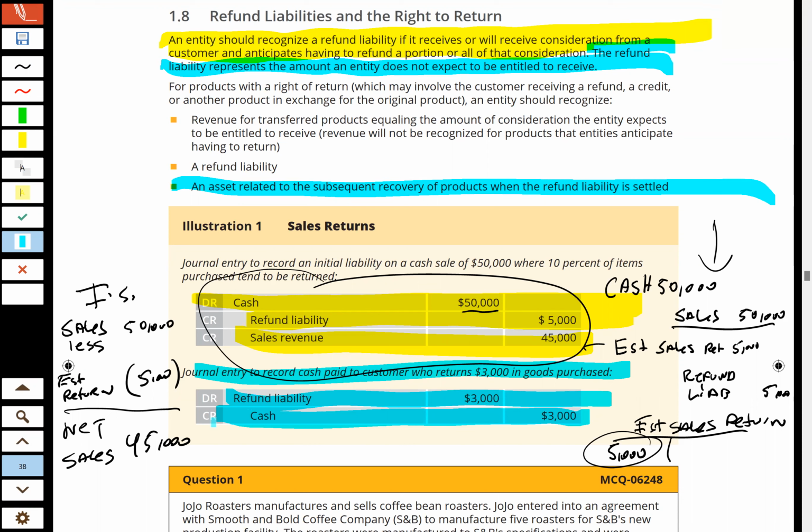Okay. Can I ask a question? The estimated sales return, that is an income statement account, right? And it's a contra to sales. It's an income statement account. Most companies, when they prepare their income statement, just start you out with net sales. So they wouldn't necessarily show that on the face of the income statement.